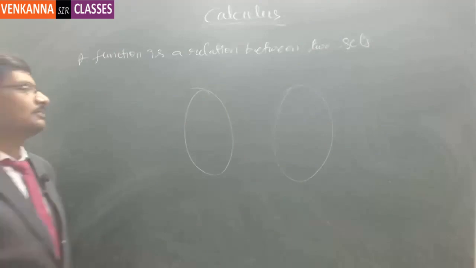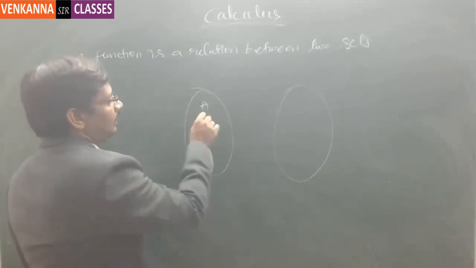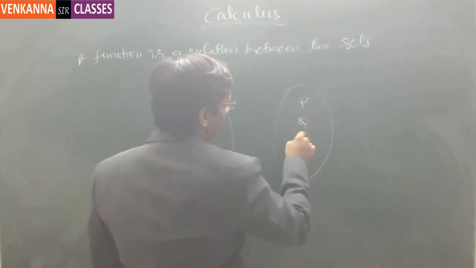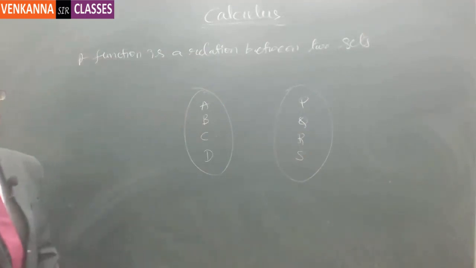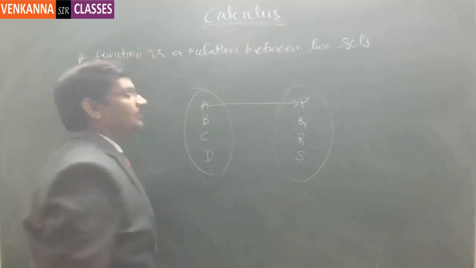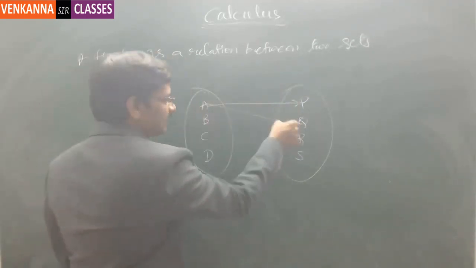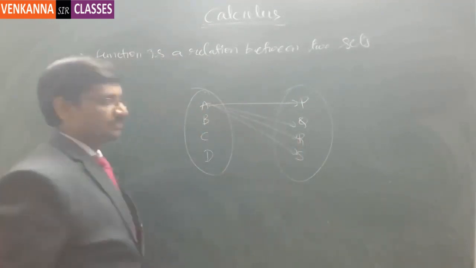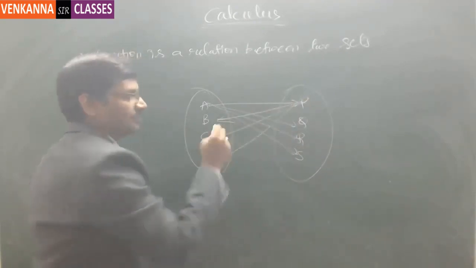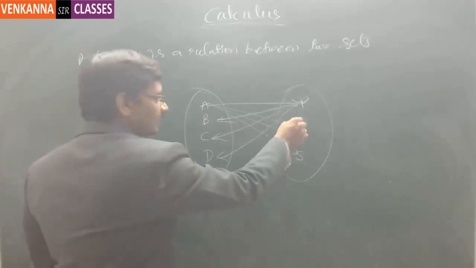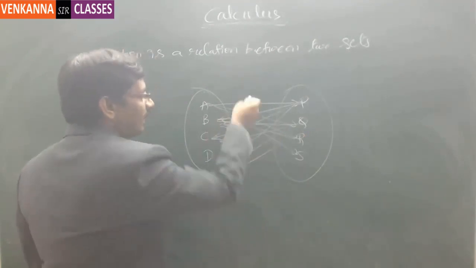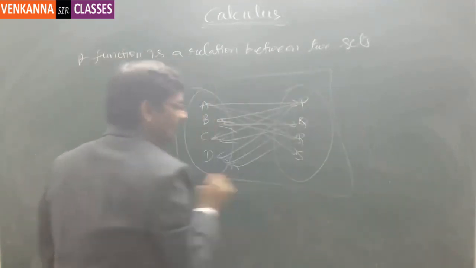Out of these families, let us say we have persons A, B, C, D, and then P, Q, R and S. Let us say there is a marriage proposal between these two families. Suppose this girl is getting married to this guy, then obviously she has a relation with all the family members there. Again, the same person has a relation with all the family members there. Even the other persons in the family will somehow be related to the other persons, right? So this entire set we call a relation.